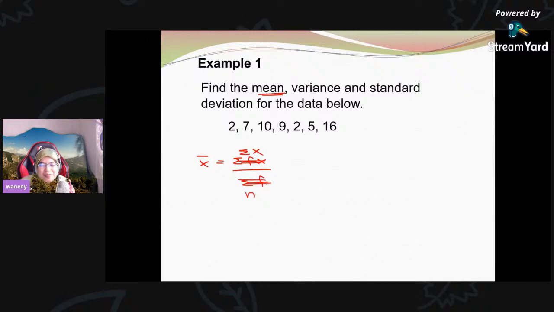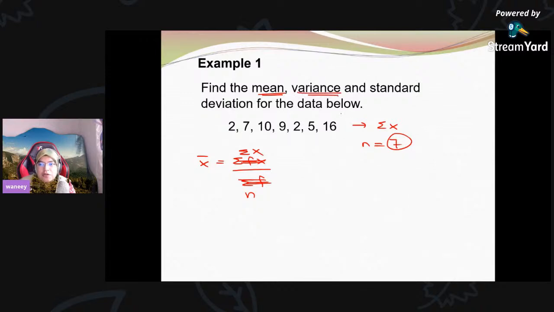I forgot, we just did ungrouped data. Make sure to add everything first to get the summation of x. The number of data is 1, 2, 3, 4, 5, 6, 7, so n is equal to 7. Add everything together and divide by 7. That is your mean.